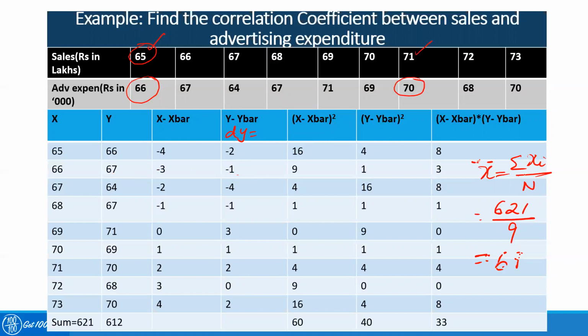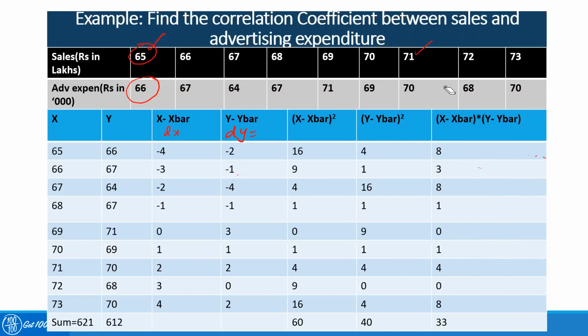I'll square all of them: minus 2 square is 4, 1, and like that. There will be a third column, which is dx into dy. This is my dx and this is my dy. Minus 4 into minus 2 is 8. Minus 3 into minus 1 is 3. In a similar way we do it for all the values and keep adding, and once we add, we get the value as 33.